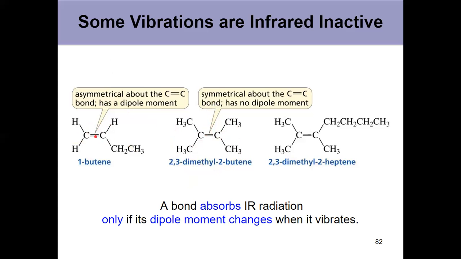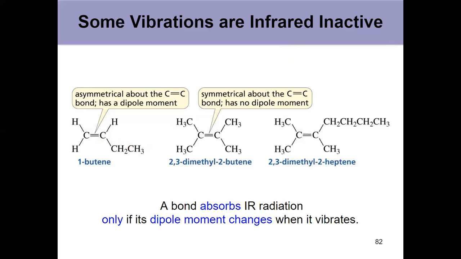This would have an absorption band, okay, because there'd be a change in the dipole because there's a different group over here. But we wouldn't see it for a symmetrical molecule, which can be tricky. But just keep that in mind. Infrared inactive vibrations do exist. Okay. So it's possible that you have a functional group that's present but doesn't appear in IR. Again, we need multiple methods of characterization.